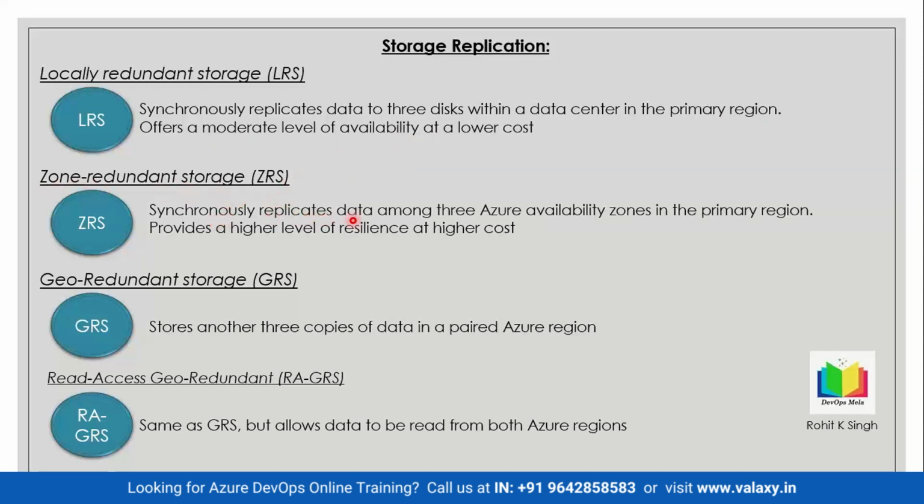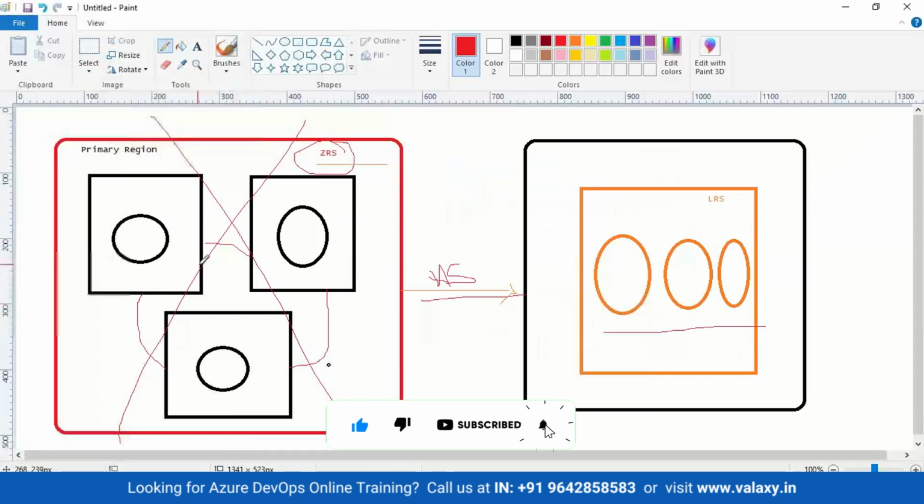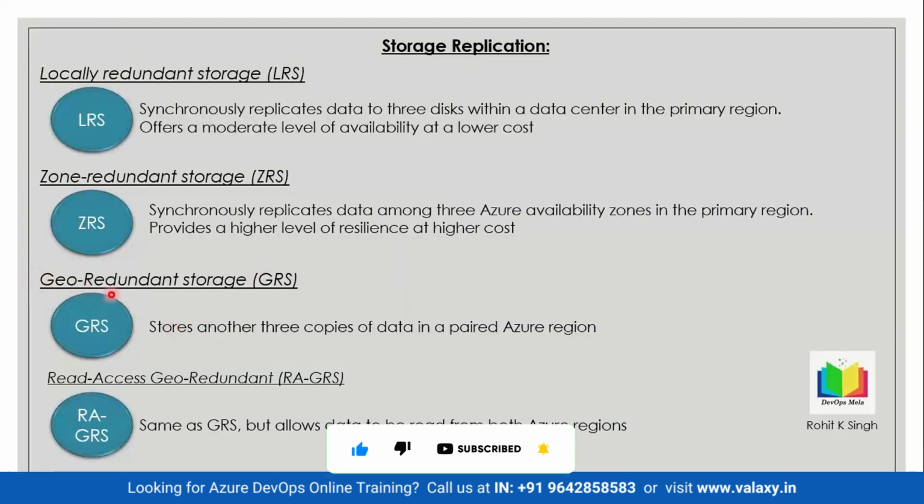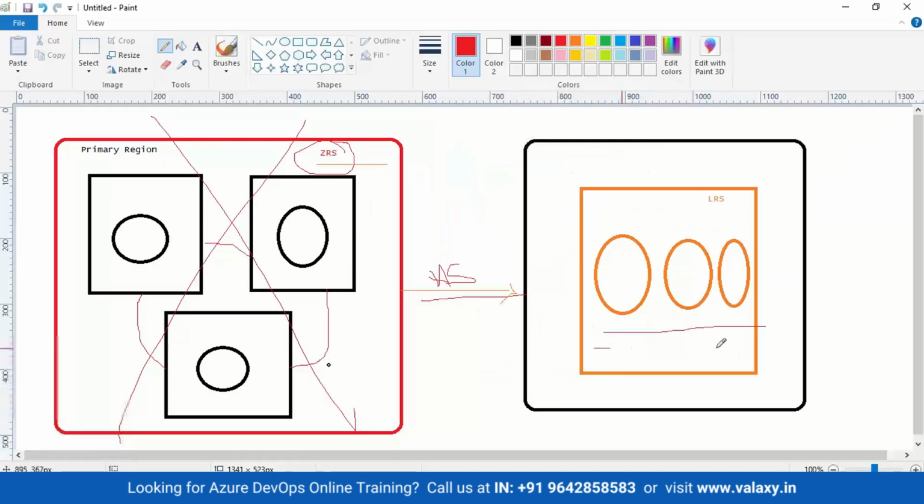It synchronously replicates data among three Azure availability zones in the primary region and provides a higher level of resiliency at higher cost. Geo-redundant storage stores another three copies of data in a paired Azure region. That is asynchronous replication happening in the other region.